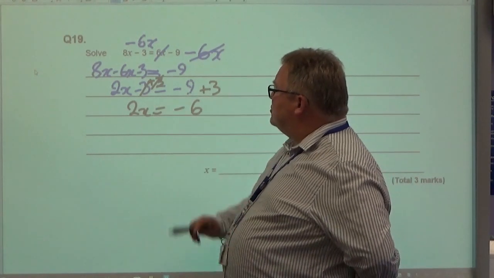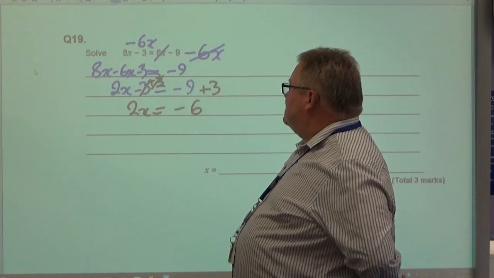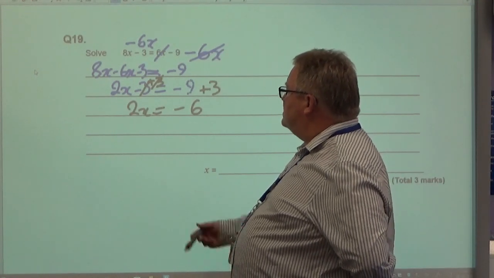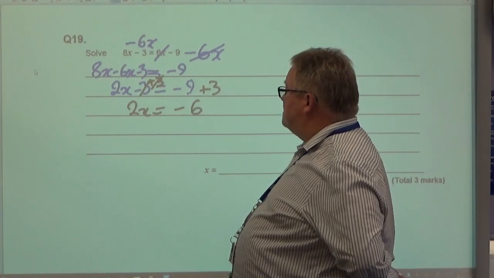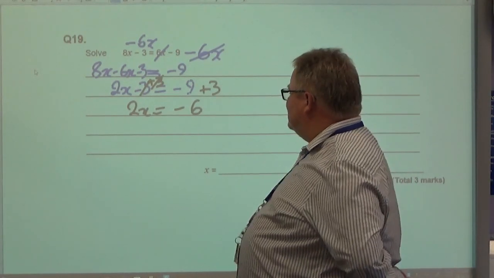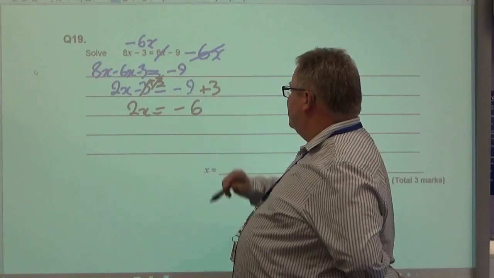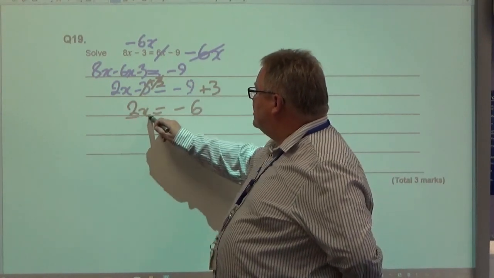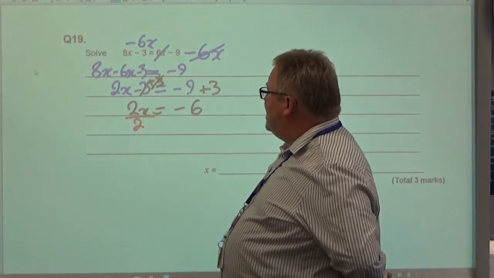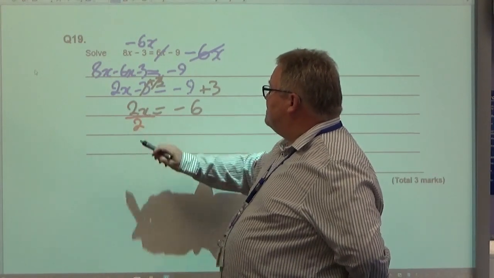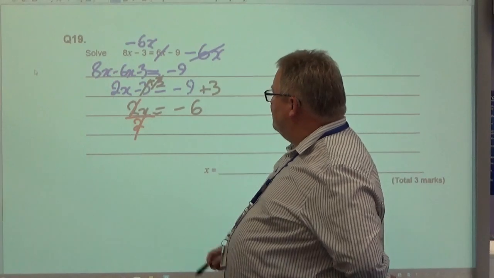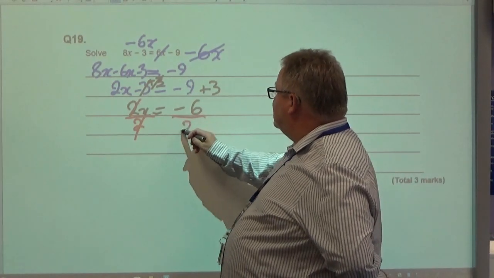So now we've got 2 lots of x. So really we're thinking, well, 2 times x would give us minus 6. So you might just spot straight away that it's negative 3. So 2 times negative 3 would give negative 6. If not, then just divide through by 2, because 2x is 2 times x. So divide by 2 there. And then whatever we've done to this side, we divide by 2.